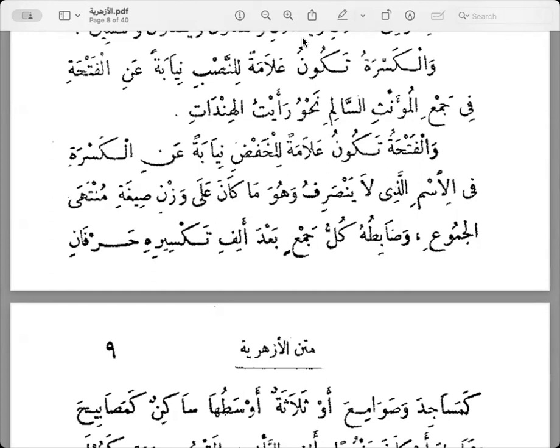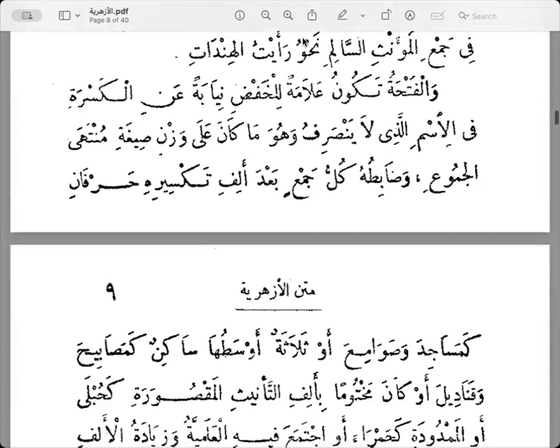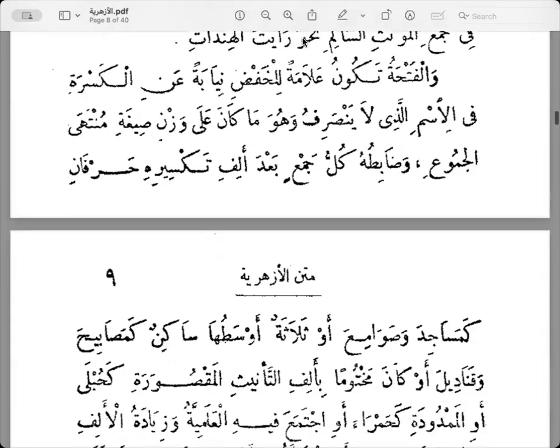After the alif of its taksir, i.e. it's a broken plural, you made it a broken plural by throwing an alif into the middle of it, and after that alif, there are two or more letters. كمساجد وصوامع أو ثلاثة أوسطها ساكن كمصابيح وقناديل أو كان مختوما بألف التأنيث المقصورة كحبلى, something else now, okay?